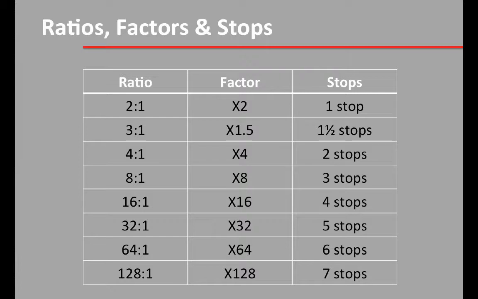If you're using exposures, you might refer to it as stops. If you're using filters that attenuate light, or prevent light from entering the camera, you might describe that as a factor. So the filter factor is times 8, which equals 3 stops of light being blocked by the filter.